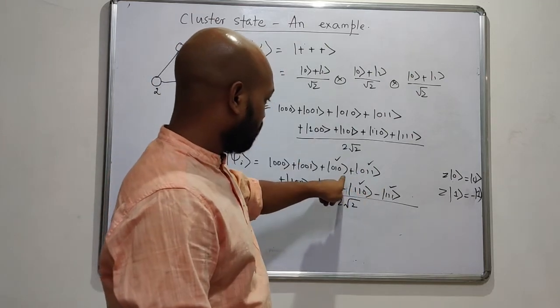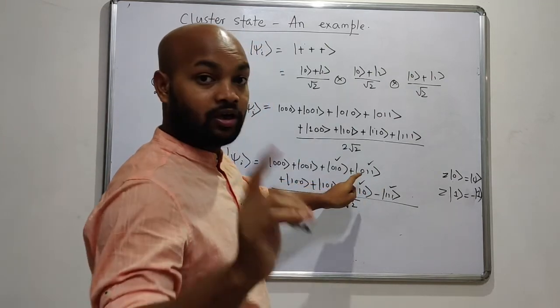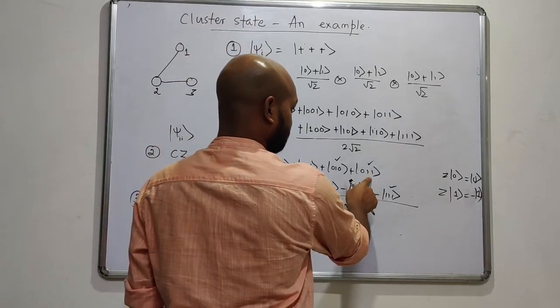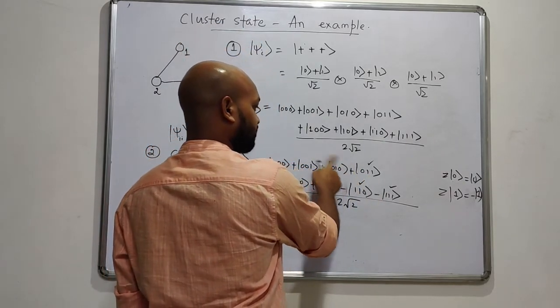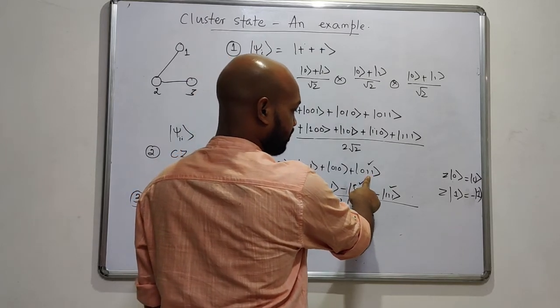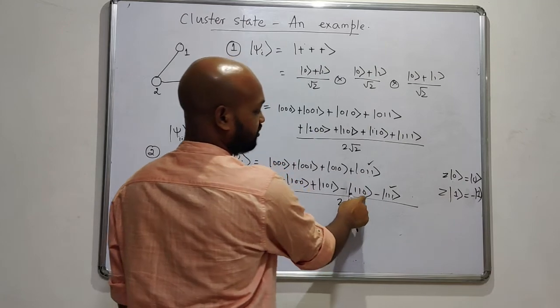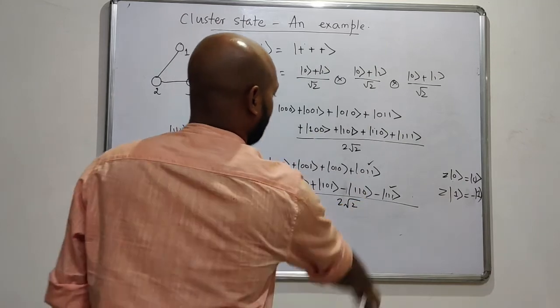Out of these 4, only those states would pick a negative sign where the third qubit is 1. So this state, definitely not this state, so I erase it. This state is going to pick a negative sign and this state is also going to pick a negative sign. Since this is a 0, nothing happens here.